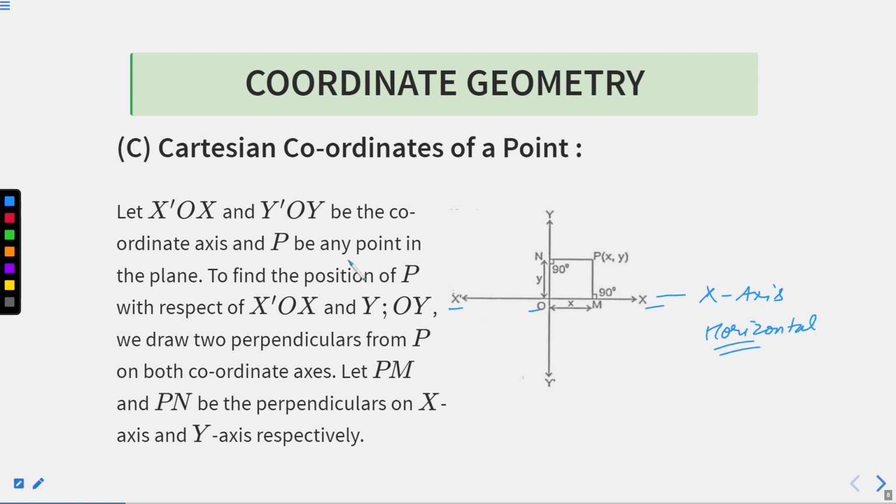Let's say P is any point in the plane. So here is our P point, and to find its position with respect to X'OX and Y'OY, here is our y-axis, the vertical line, and P is positioned here, suppose.